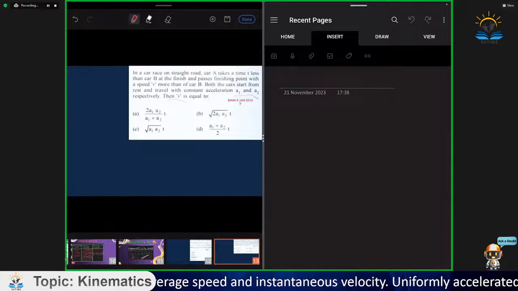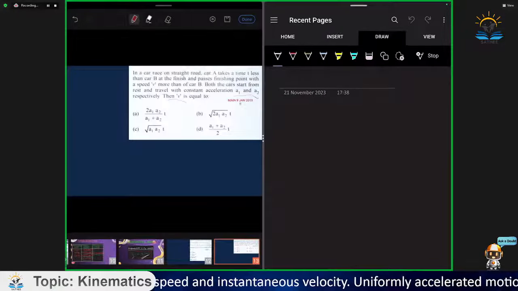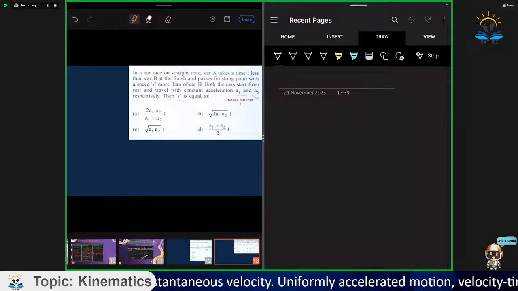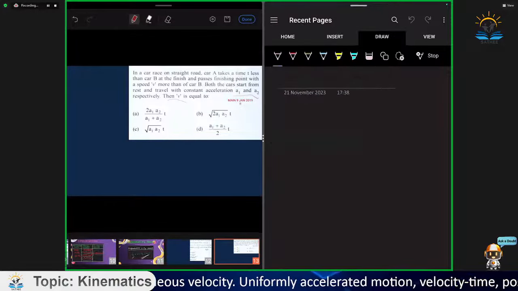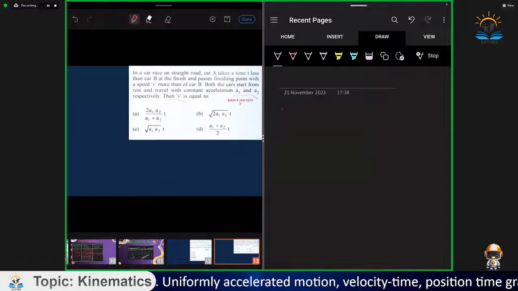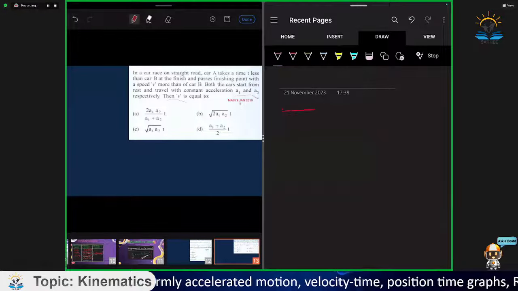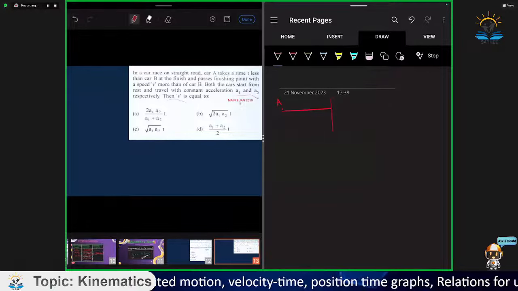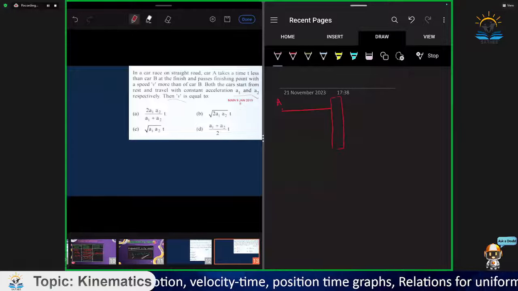See, first we can read car A's story. Car A starts from here, and suppose this is the finishing line, the finishing point.